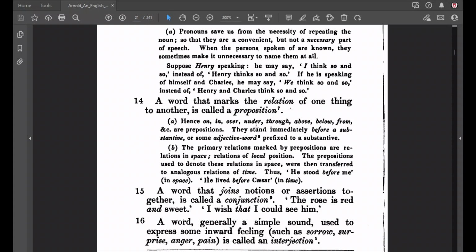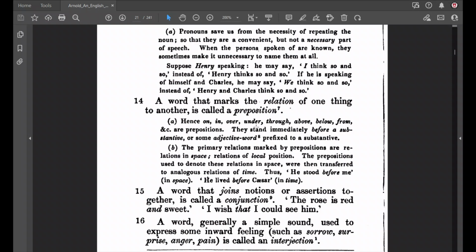If we go down to note B there, the primary relations expressed by prepositions are relations in space. They're used to express relationships with regard to space. Relations of local position, or position that's related to space and place.